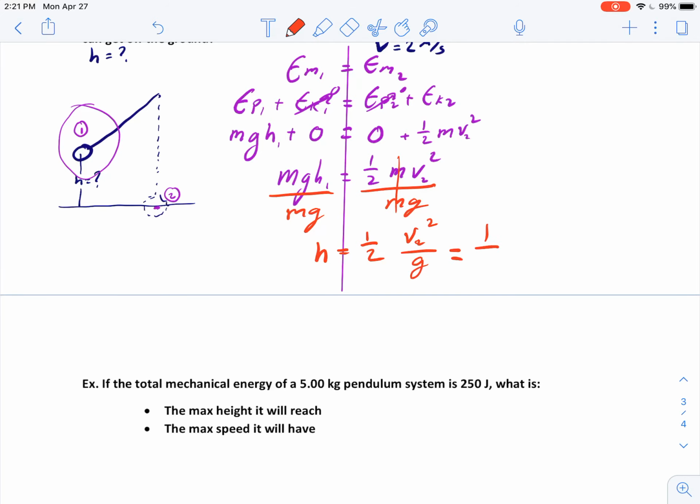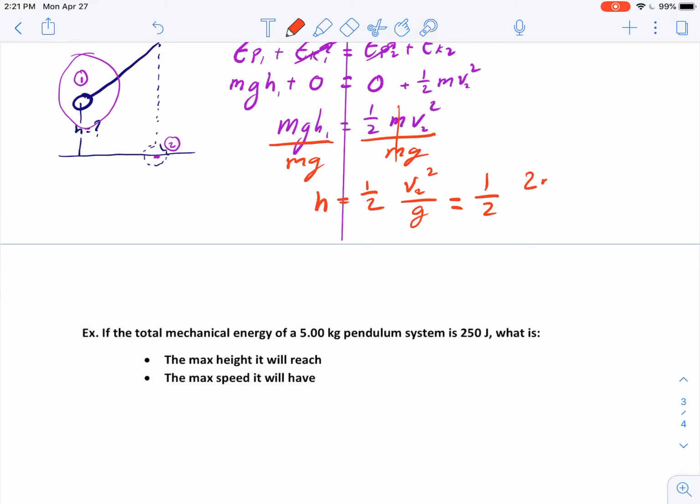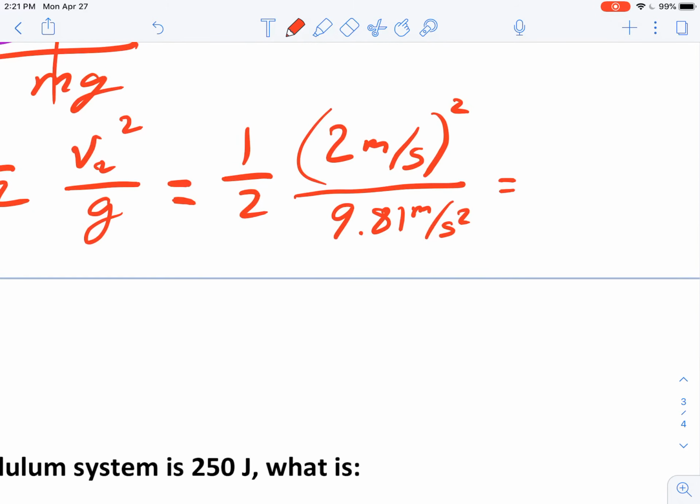If we put numbers into that, 1/2 times 2 meters per second squared divided by 9.81 meters per second squared. You end up with 1 divided by 9.81, 0.102 meters.